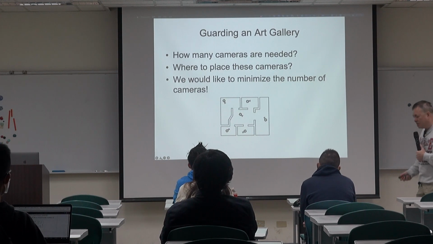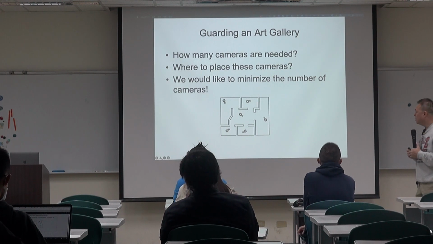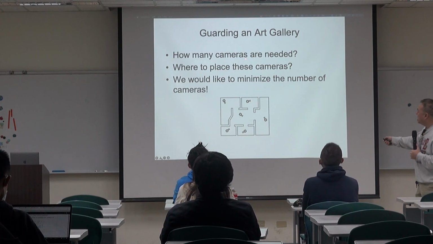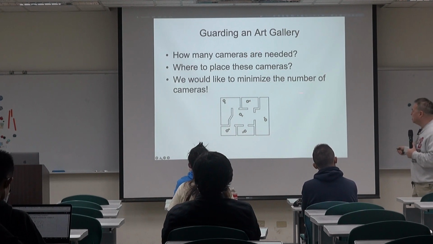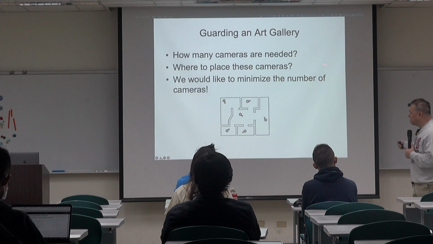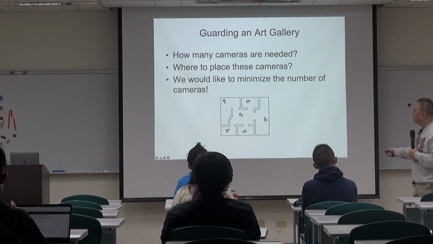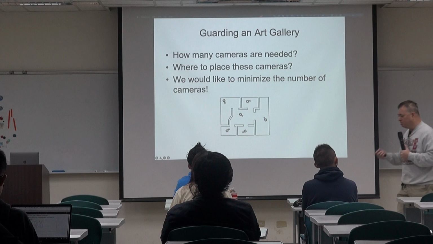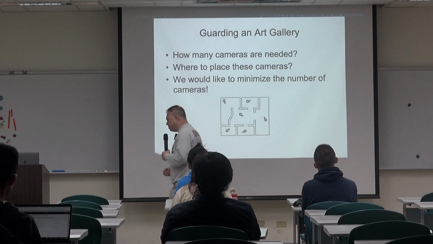But assuming camera is expensive, and we would like to minimize the number of cameras, what approach should we use, or where to place those cameras when we want to minimize the number of cameras to be deployed in the art gallery?